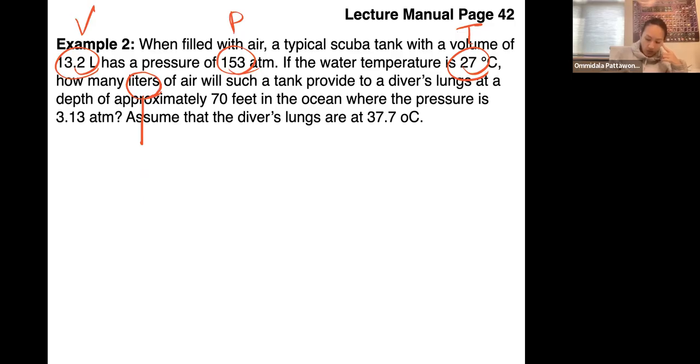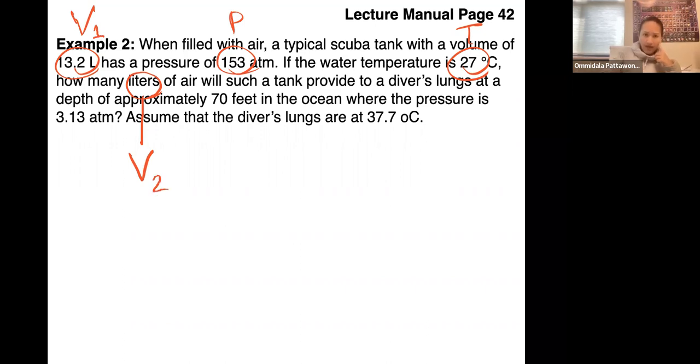Wait a second, there are two volumes here. This is volume, this is volume. So this problem involves two conditions because there are two volumes. I'm going to give this one V1, and this is V2 that we are going to look for.